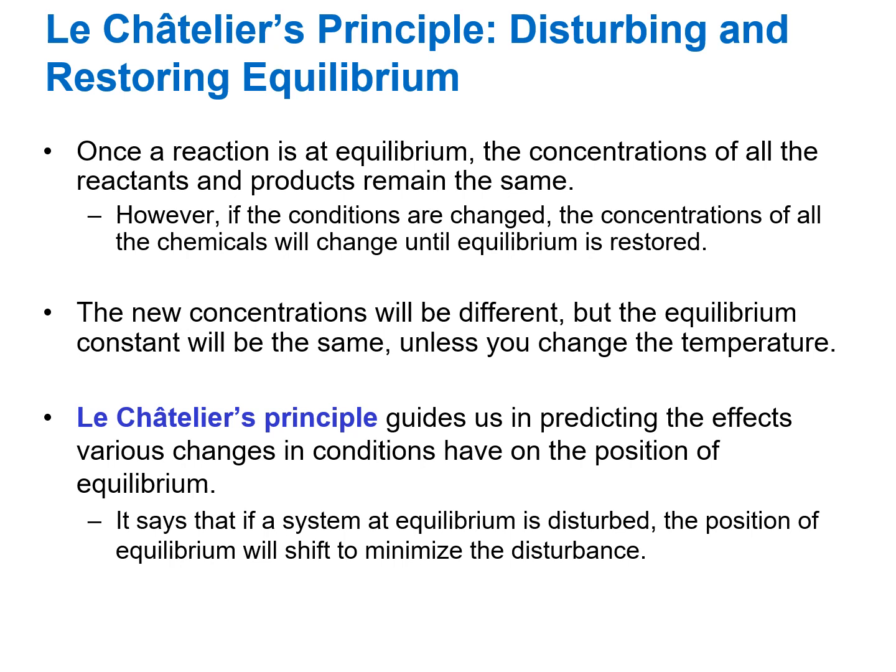There were other variables that he could have played with, such as volume, temperature, pressure that the system was at, in addition to the concentrations of the products and the reactants, and he did all of that. And he basically found that a system has a tendency to minimize a disturbance. Once it's at equilibrium, a system will have a tendency to adjust so that it minimizes the disturbance to that equilibrium.